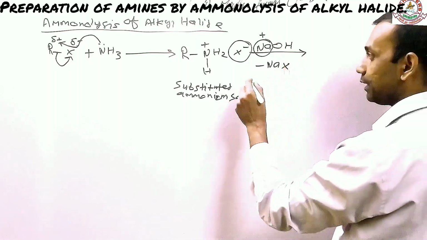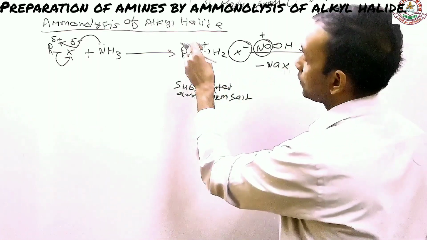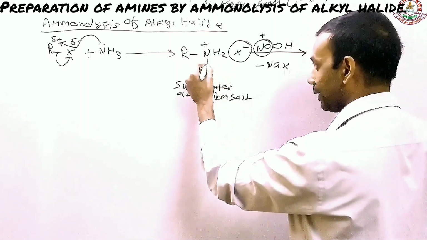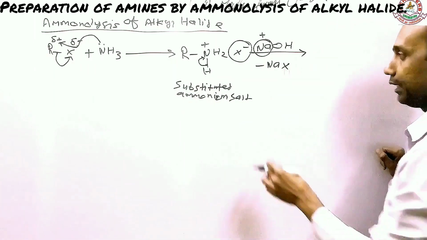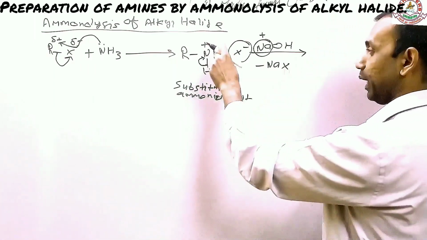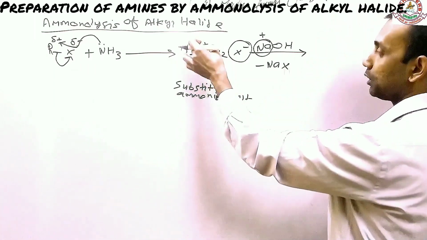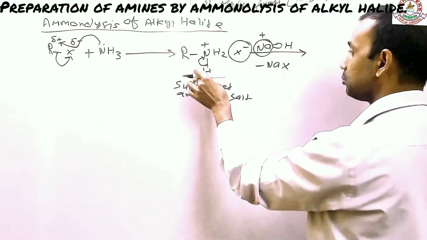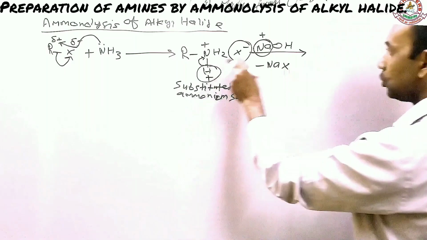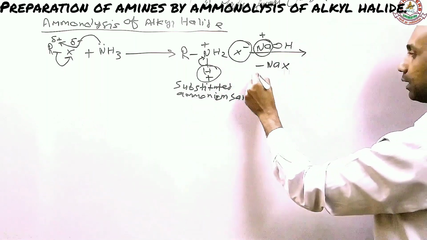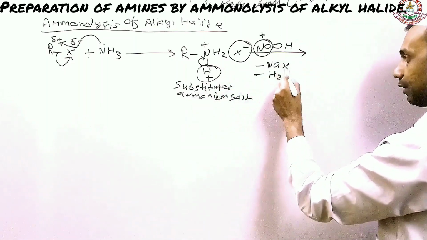But also, in order to stabilize nitrogen itself, the bond between nitrogen and hydrogen undergoes cleavage, and nitrogen stabilizes itself by removing the positive charge. This hydrogen comes out as a positive charge, goes with the OH, and forms another molecule of byproduct, H2O.